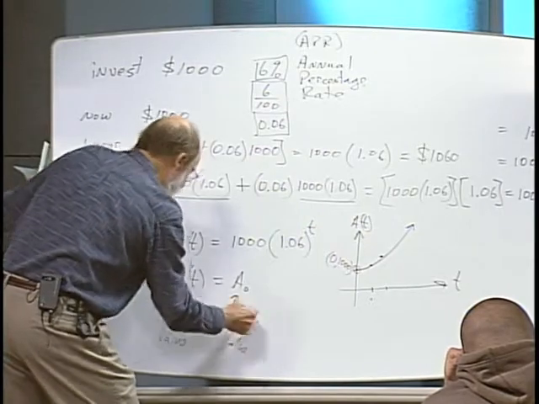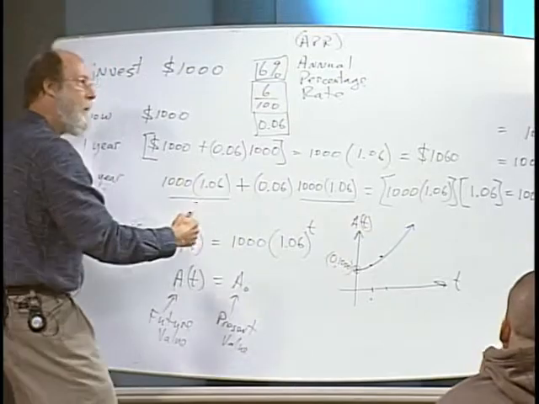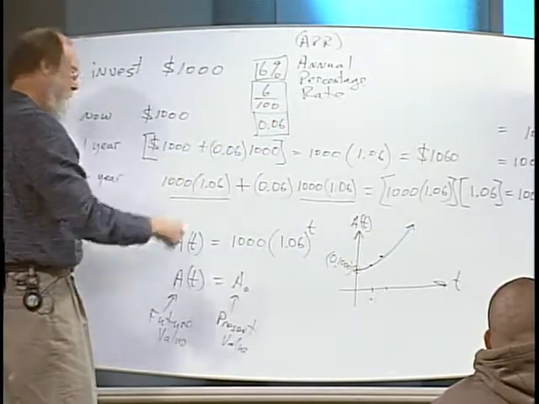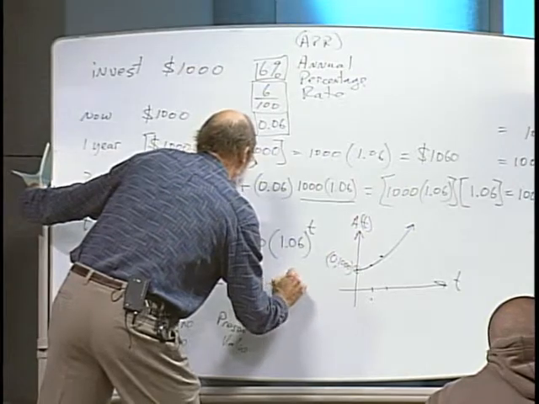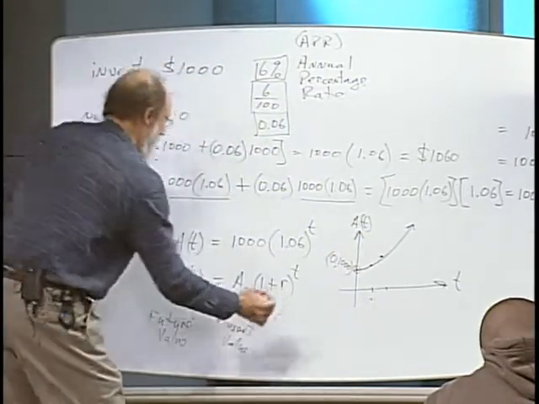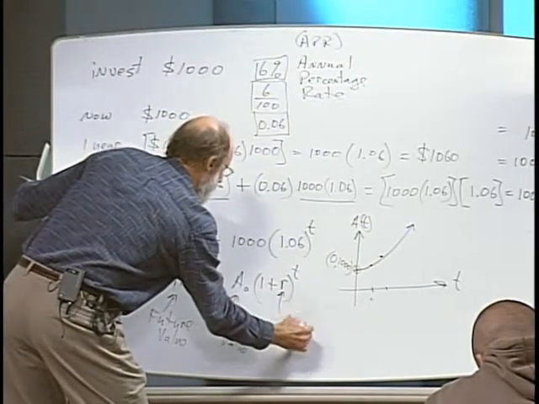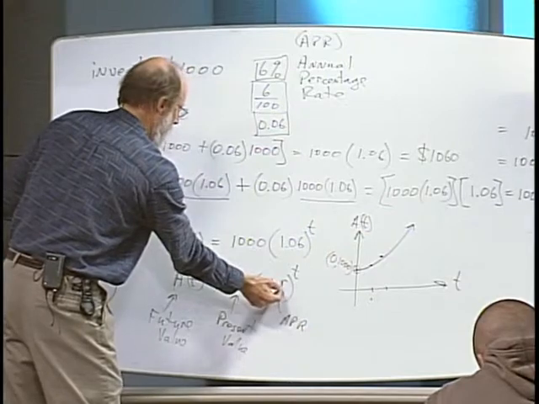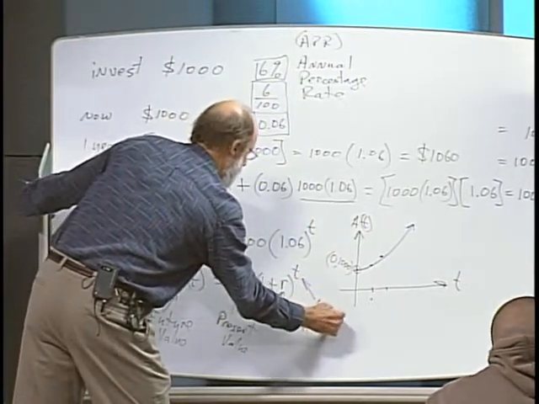The reason it's called present value is because oftentimes you're talking about things from now into the future. Times 1 plus the annual percentage rate raised to the t, where this is the APR, annual percentage rate, as a decimal, and this is the number of years that you have invested this.